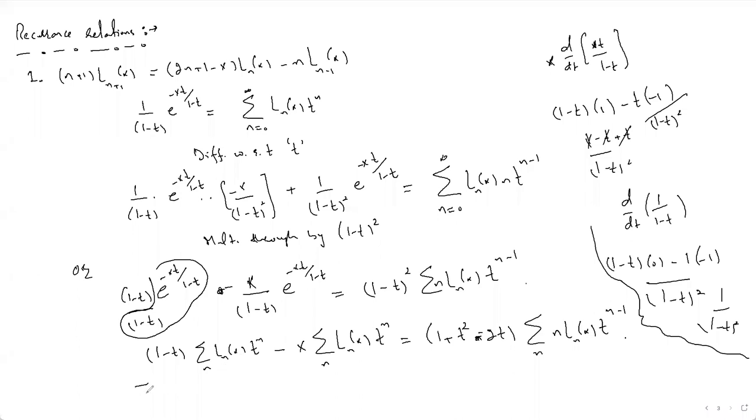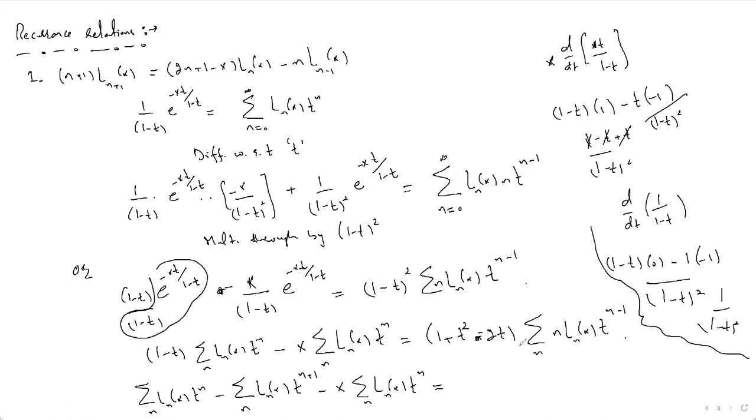One will be simply summation over n ln of x t raised to power n. Other is when I'm going to multiply it to minus t, it will be minus summation over n ln of x t raised to power n plus 1. Fine, minus x summation over n ln of x t raised to power n. This is I'm writing it as such.